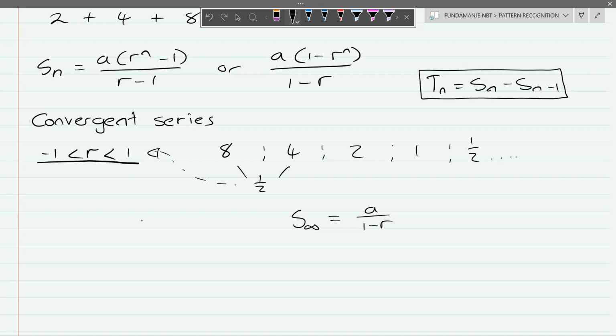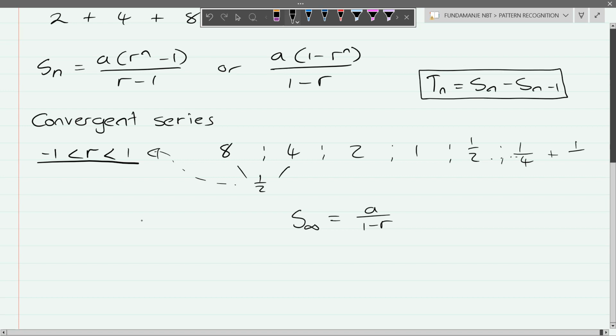So what do we mean by calculate infinity? What's going to happen is that these numbers are going to continue to get smaller and smaller and smaller. The following one is going to be 1 over 4, the next one is going to be 1 over 8, and so on, going on and on and on.